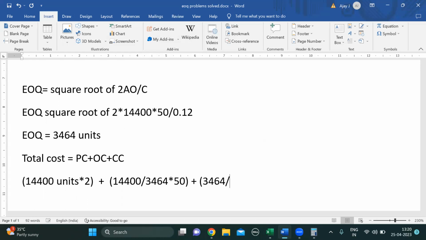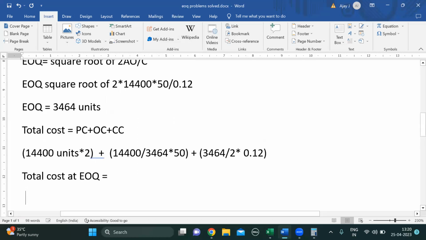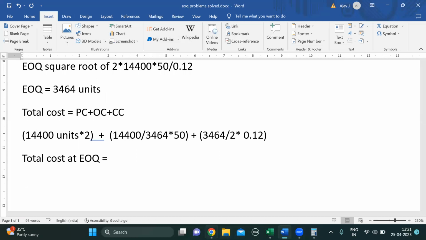Divided by 2 because we need average inventory into carrying cost is 0.12. So once you solve all these three and add, you will get the total cost at EOQ order quantity. Let's move further for the solution.